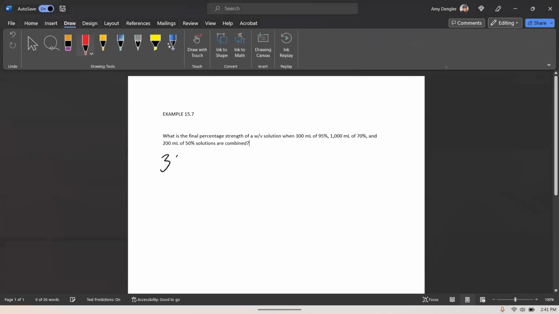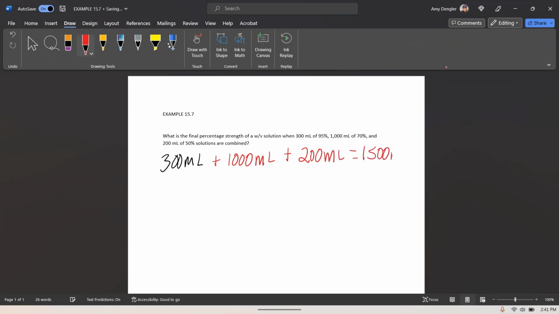So that would be our 300 ml plus 1000 ml plus 200 ml. We add all those up together, we're going to get 1500 ml.